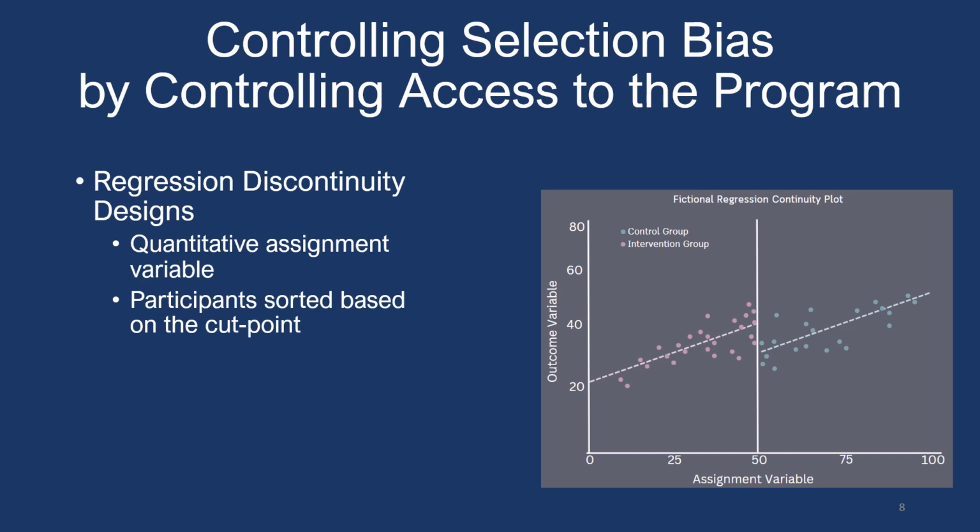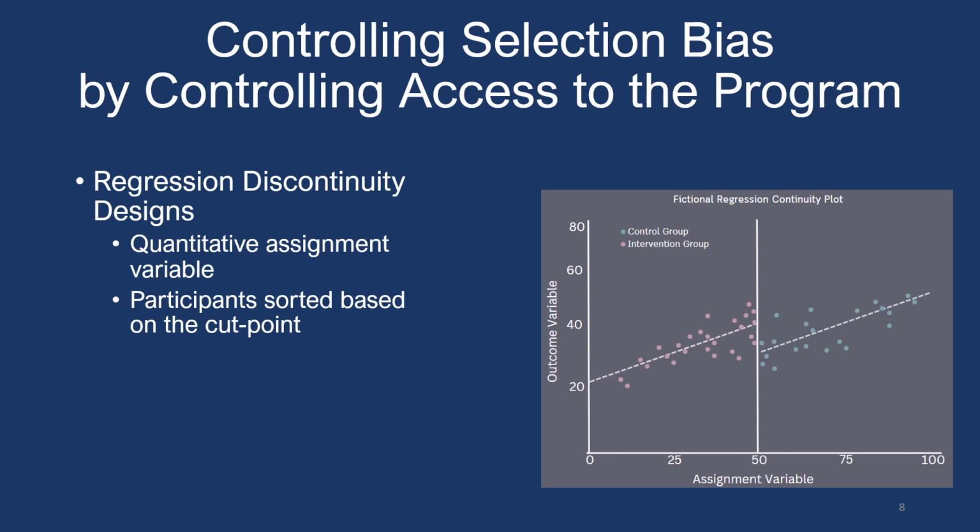These deviate from that traditional control group because rather than relying on chance to assign individuals to the intervention or control groups, this method uses what we call a quantitative assignment variable, also called a forcing variable or a cutting point variable. It's a multi-stage process, and it involves first giving a score on the assignment variable to each individual, and we'll discuss the assignment variable a bit more in a minute.